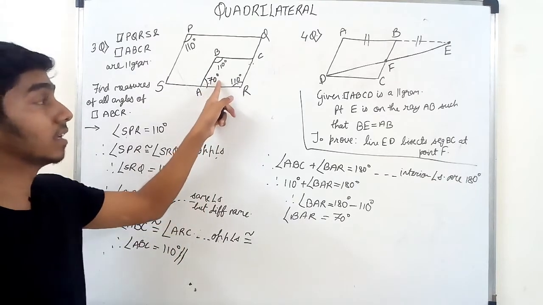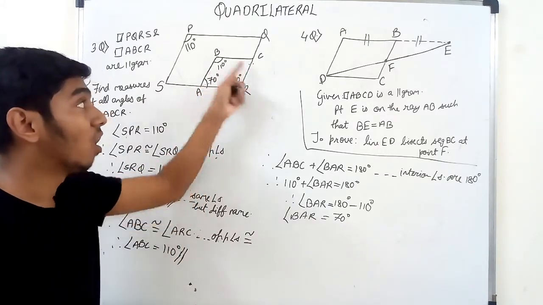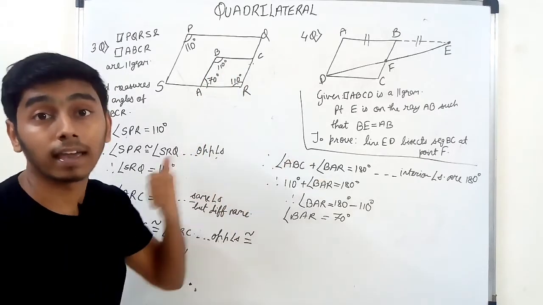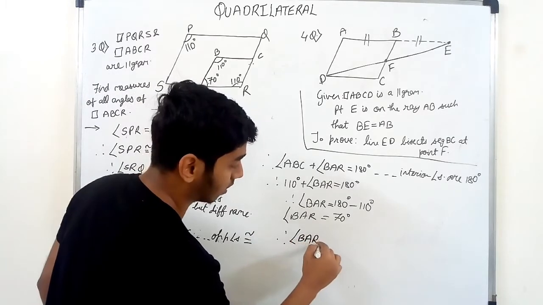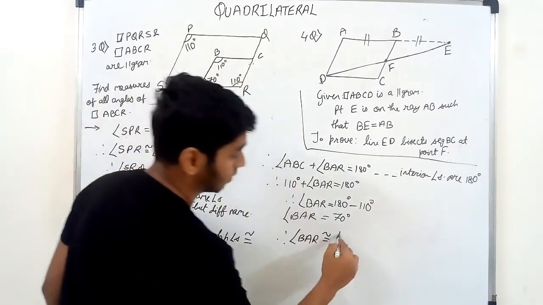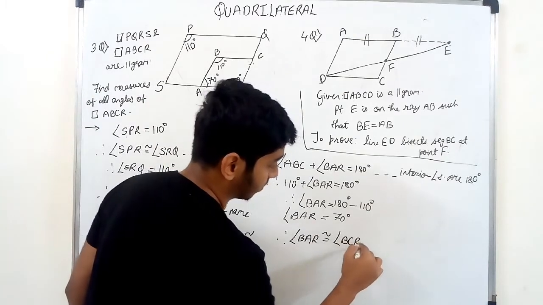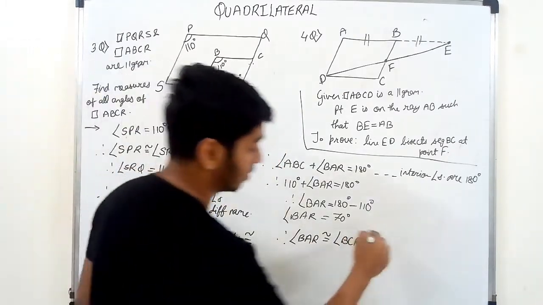Now can we find this? If this is 70, then this will also be 70 because opposite angles of a parallelogram are congruent again. So we can say angle BAR is congruent to angle BCR. Correct? So again we can say opposite angles are congruent.